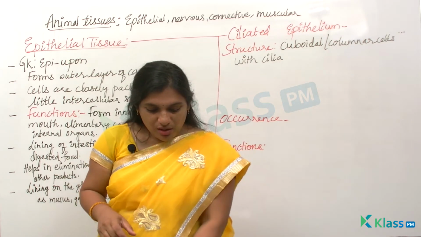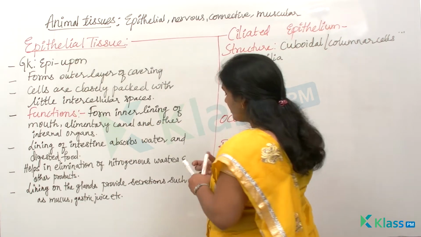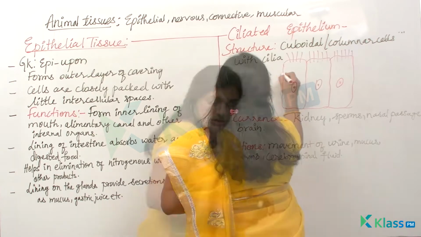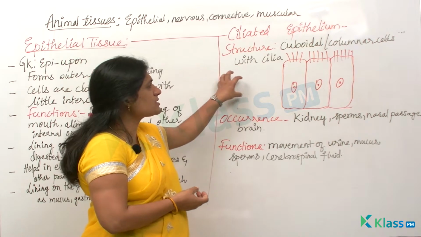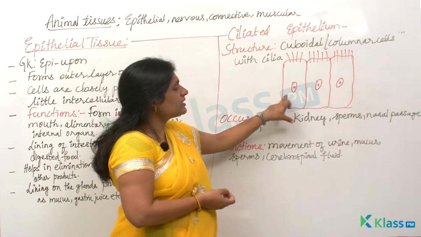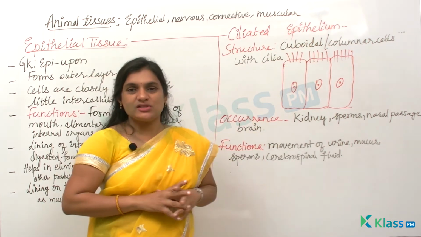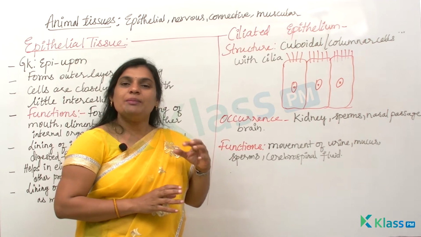These help in locomotion. So, the ciliated epithelium has a structure of cuboidal or columnar elongated cells which end up with cilia, hair-like structures. These hair-like structures help in locomotion.